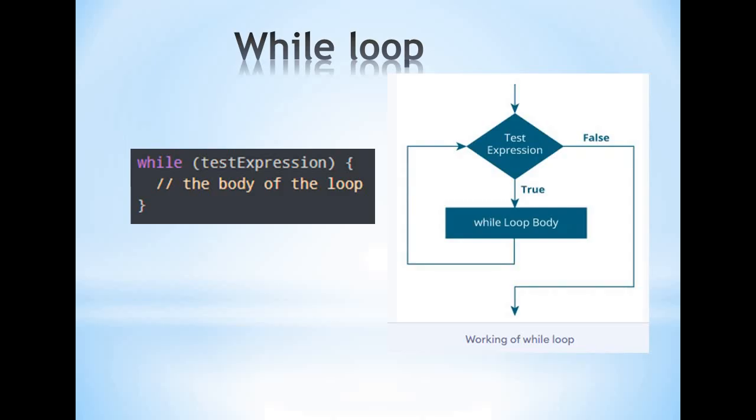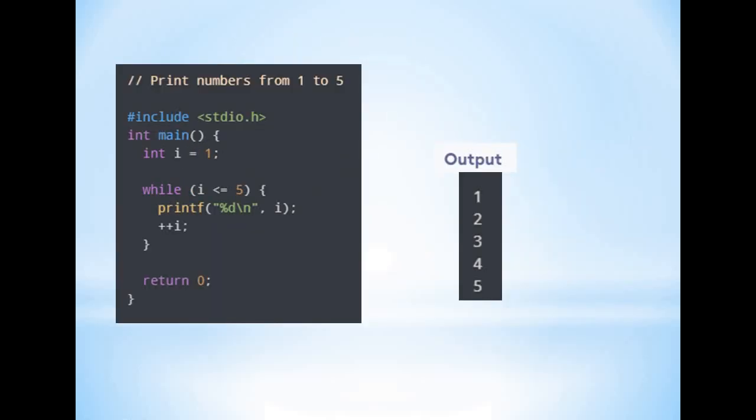So first the test expression will be evaluated. If it is true, the while loop body will be executed. If it is false, it will terminate the process. Here is the example to print the numbers from 1 to 5 by using the while loop. So here I value is declared as 1. 1 less than or equal to 5 is true. The 1 is printed.